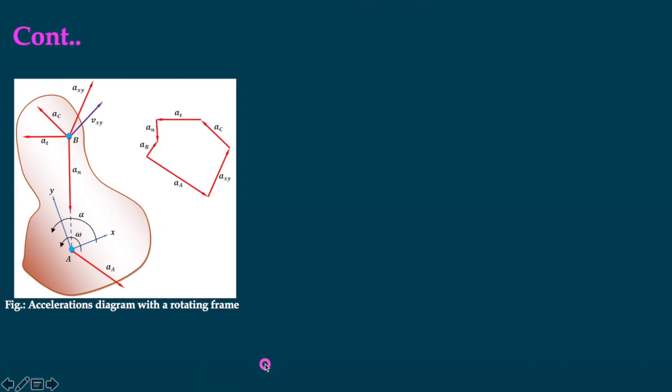Now using all these components of acceleration, we can draw an acceleration diagram similar to the velocity diagram that has been discussed in the last lecture. Some important directions: AT is the tangential component and this is the normal component. The direction of AN is from B to A, towards the center of rotation.